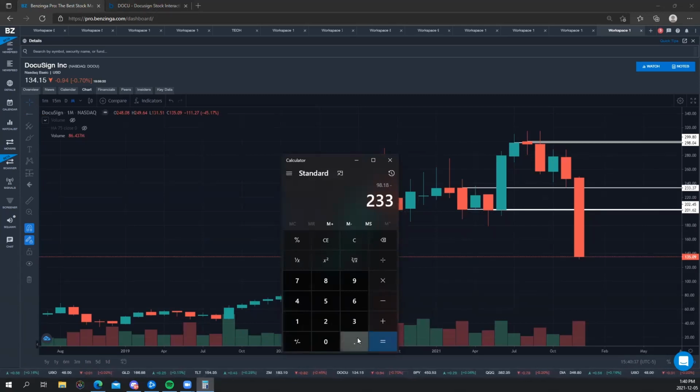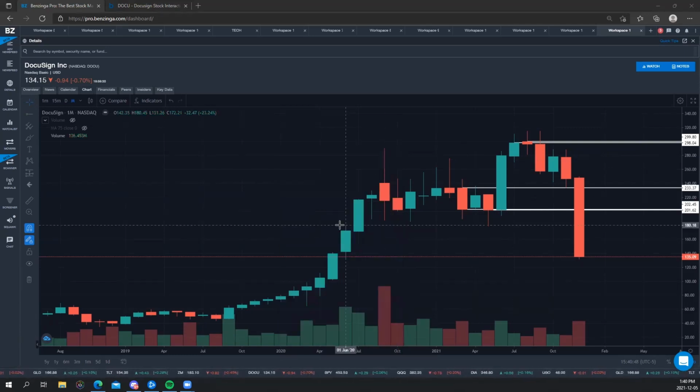So 233.37, for instance. And that nets you a proximity of just how low you could go. 135.19. Strong support from a calculated risk and from an overall monthly, quarterly view based on key opening sticks, key catalysts, major price levels.